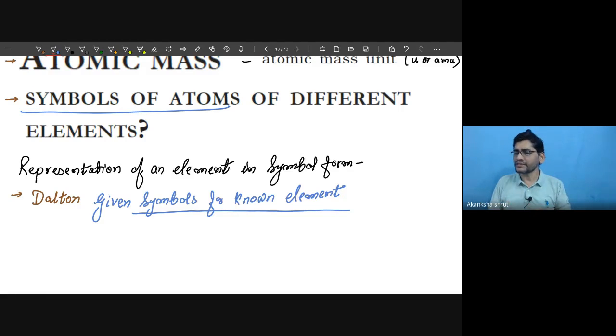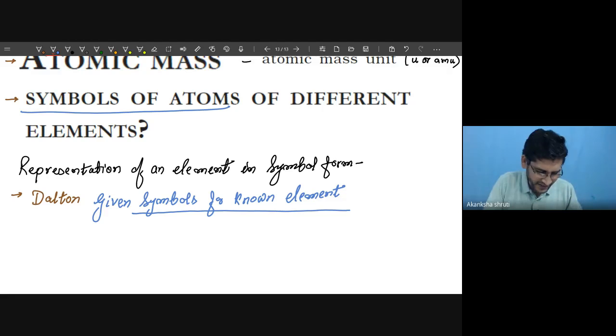Today we are using a different kind of symbol, which is given by the IUPAC. That symbol is different from the symbol given by Dalton.